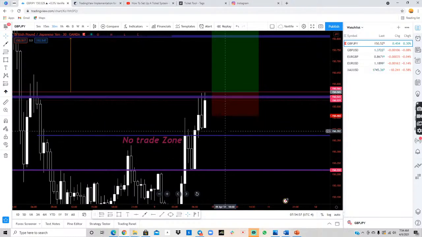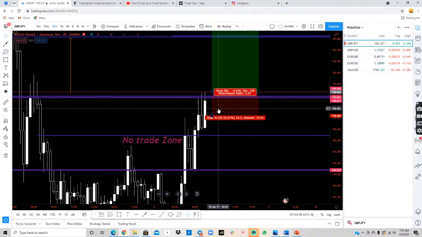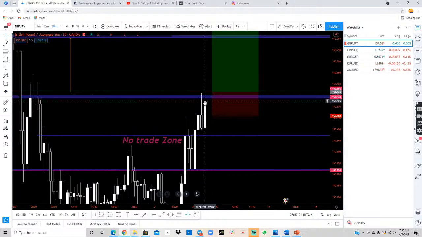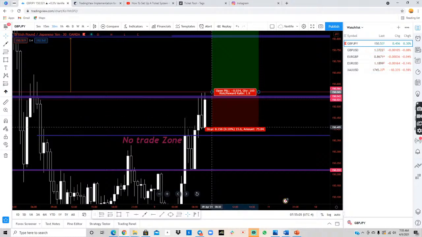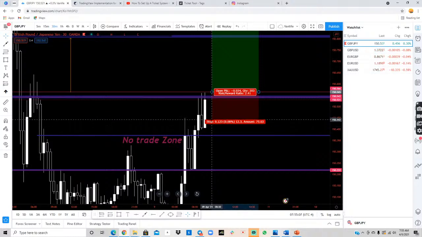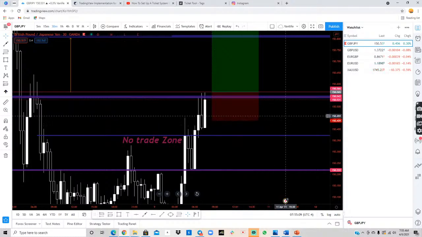You can do about a 10 pip stop, or even keep your stop below the current candle, you know, 10 to 15 pips. I don't want to use such a big stop still. So this is what I am looking at right now.